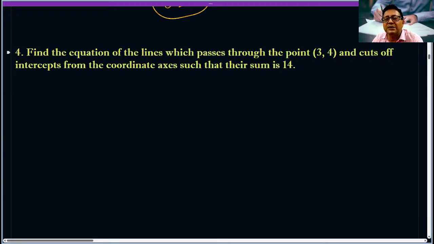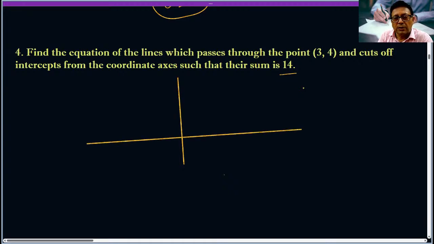Find the equation of line passes through this, cuts off intercepts from the coordinate axes such that their sum is 14. O, A and B, this is a line in intercept form.